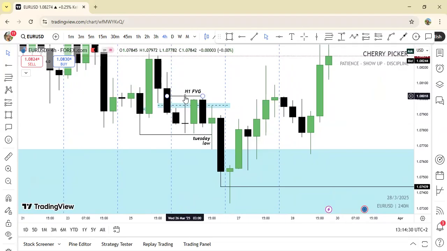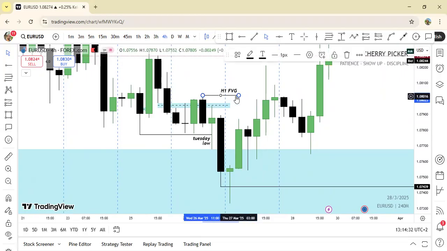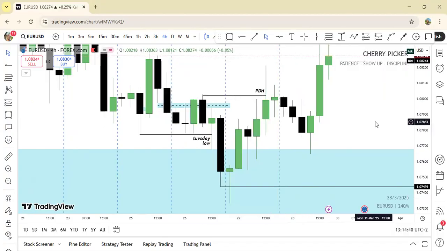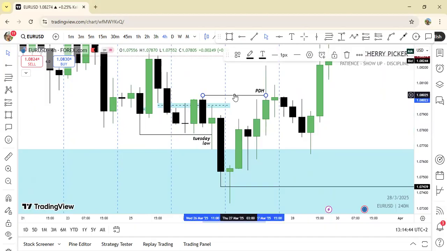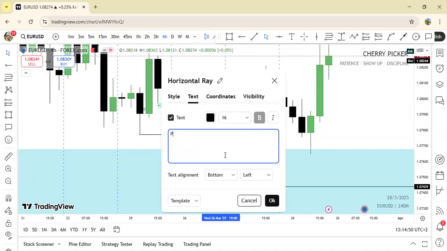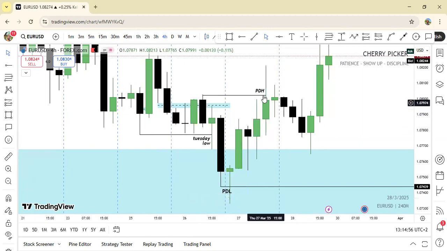What do we have? We have the previous day high here. We have PDH, previous day high. From the previous day low, previous day low, previous day high, right?